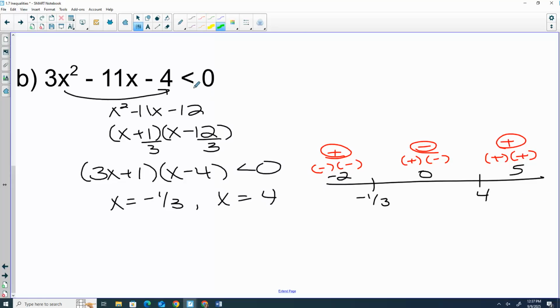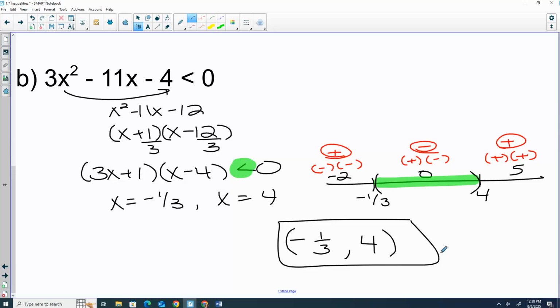We wanted less than 0 this time. So less than would be the negatives. No equal to, so that means parentheses. So we get everything between negative 1/3 and 4. All right, had a few mistakes on that, but it seemed like we had the right strategy overall. Are there questions there?